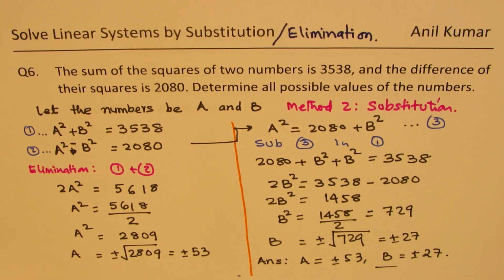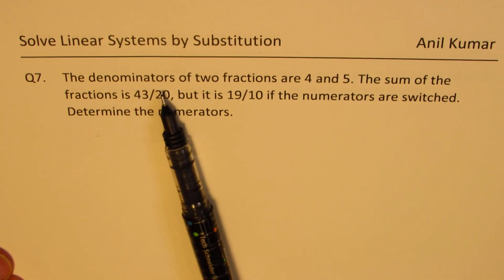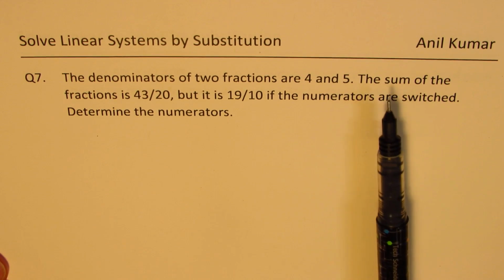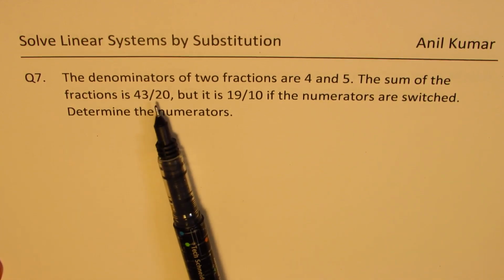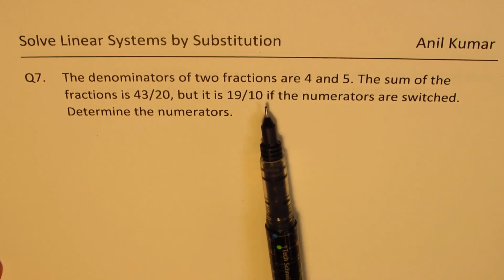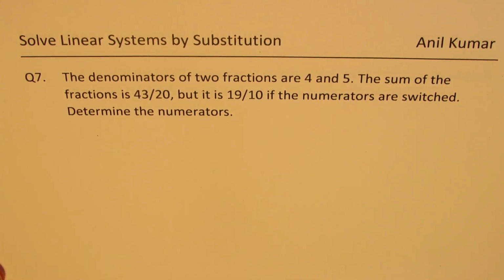Okay, let's take the next question, which is question number 7. It says the denominators of two fractions are 4 and 5. The sum of the fractions is 43 over 20, but it is 19 over 10 if the numerators are switched. Determine the numerators, right?